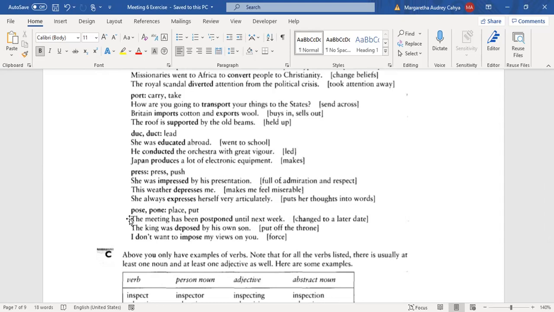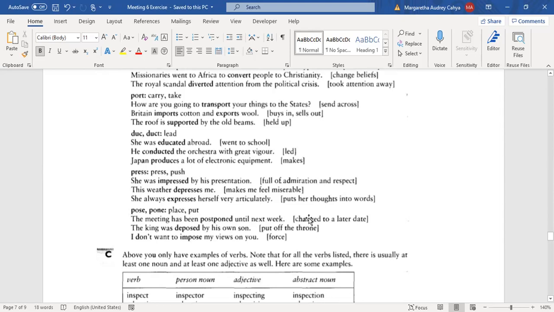Who made all of these rules and generating the meaning of that. And I'm just teaching you on how to know some of the rules for our lesson today. Okay, so postpone, place or put.